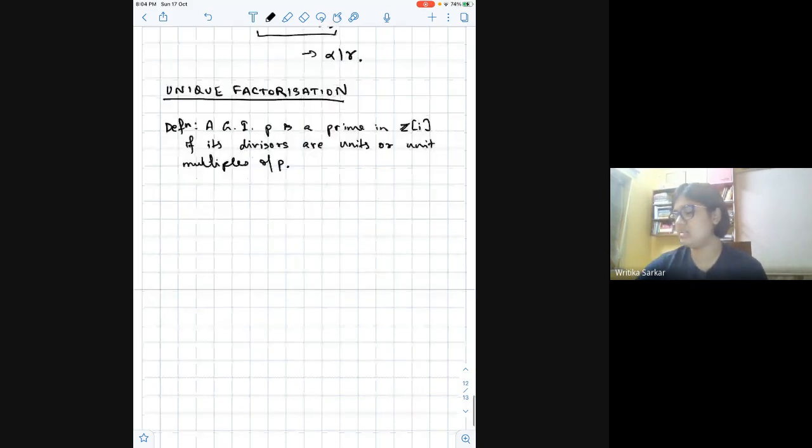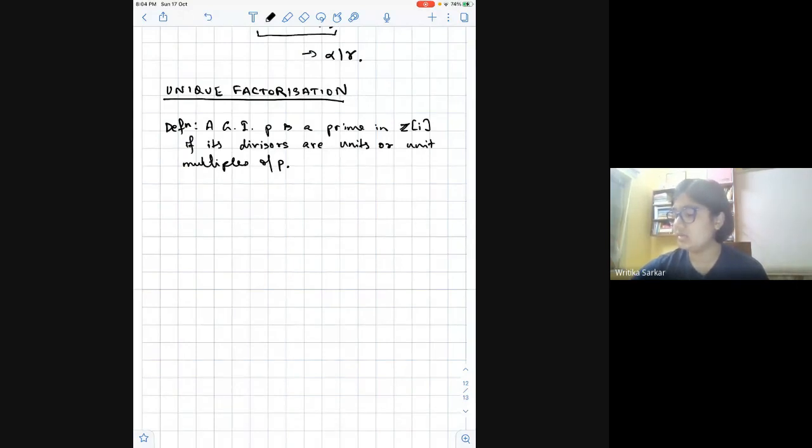So just like the integer case, a prime p in Zi is defined to be a number such that its divisors are just either units or some unit multiples of p, right?